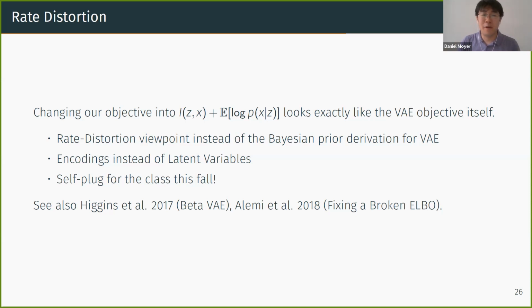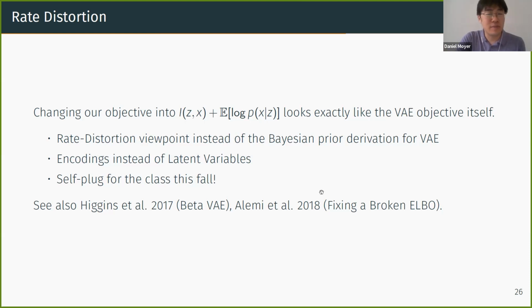More about this in a class this fall, just a heads up, that we'll be talking about this and information bottleneck in context. But these ideas have been around for a while, so they've been hanging out in beta VAE by Irina Higgins, and also in the Alemi works, bottleneck and fixing a broken ELBO. So there's some very interesting things going on there.